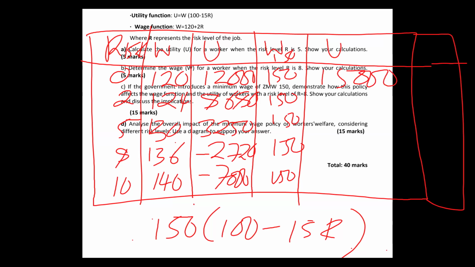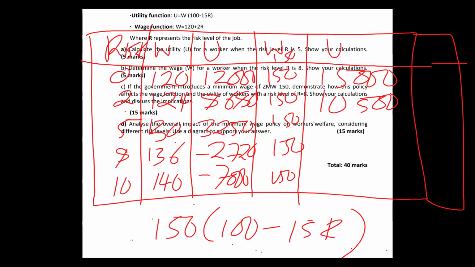You're following? So it makes more sense now to have a minimum wage for the jobs that have 0 risk, isn't it? Because their level of satisfaction will be like, hallelujah, they'll be very happy. There is no risk and our salary is increasing. But look at this. When the risk now becomes 2, what happens? It will be 100 minus 30, 70. 70 times 150 is 10,500.